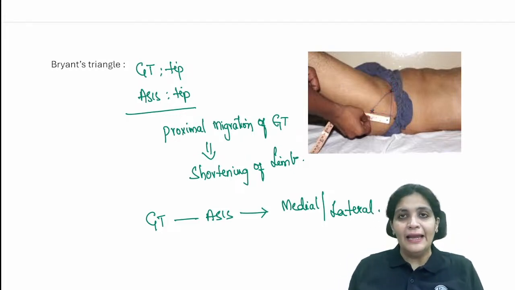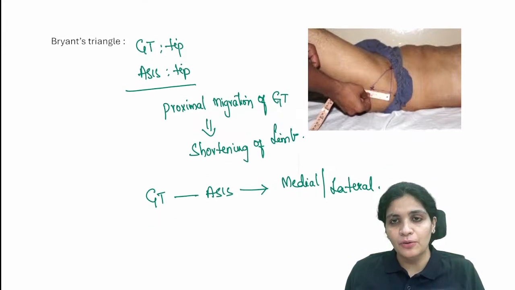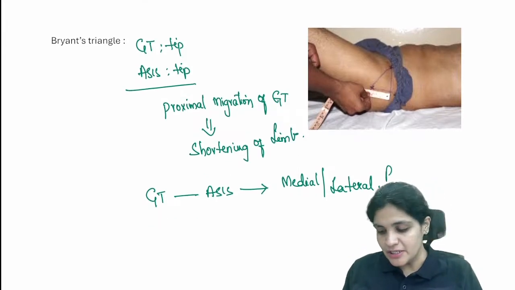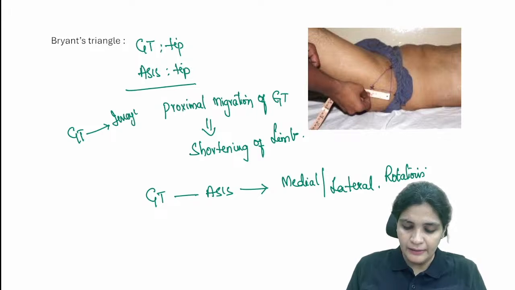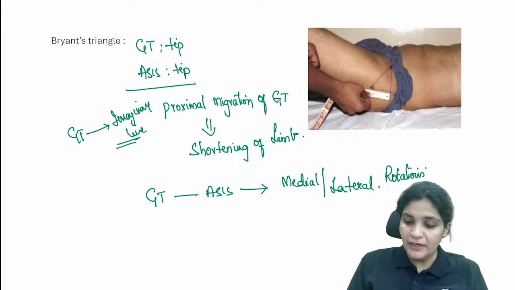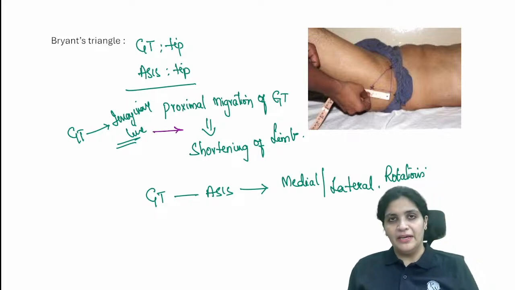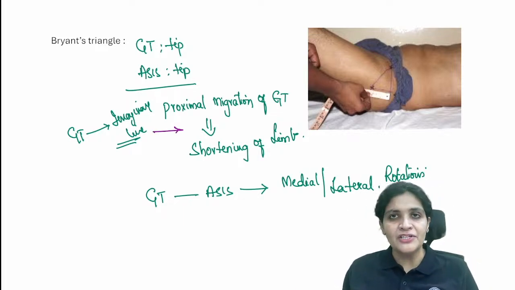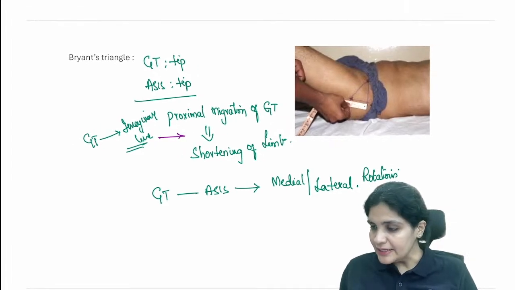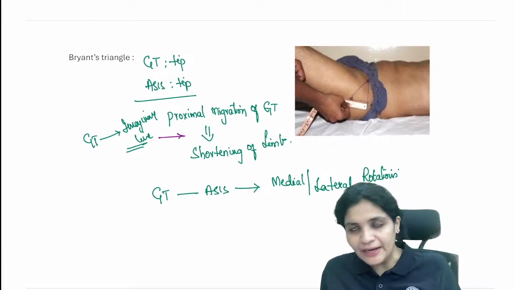So the line between GT and ASIS will tell you medial and lateral rotations, and the line between GT and the imaginary line will tell you about your proximal migration, that is shortening of the limb. So this is about your Bryan's triangle. Okay, is this clear? Any doubts regarding Bryan's triangle?